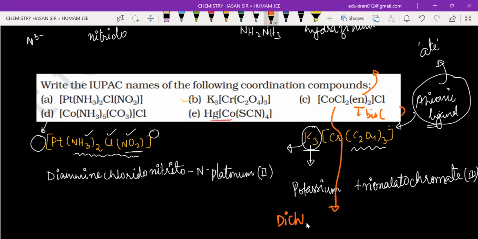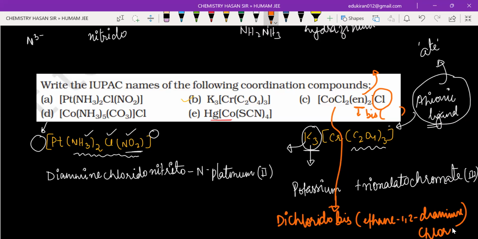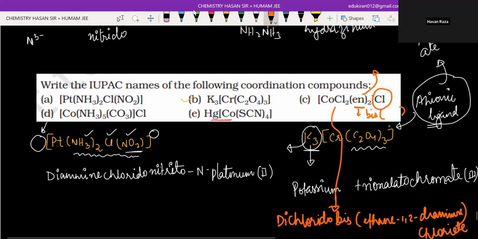Dichlorido, that is good. Then bis, ethane 1, 2 diamine. And after this, there is chlorine outside the bracket. So you are just going to leave some space and then write chloride, like the way we wrote it for potassium, right?